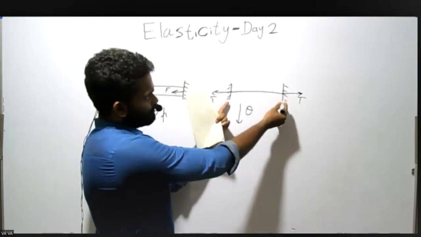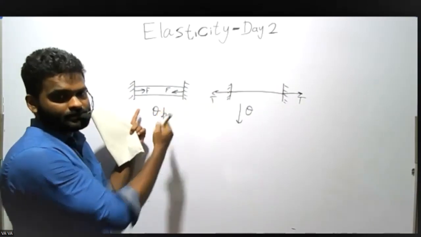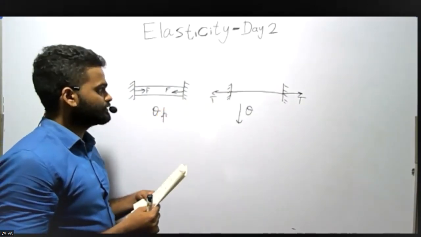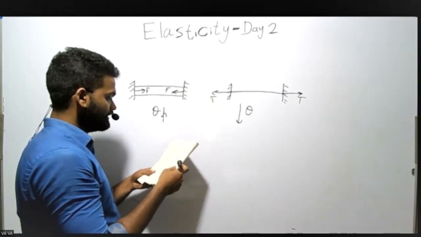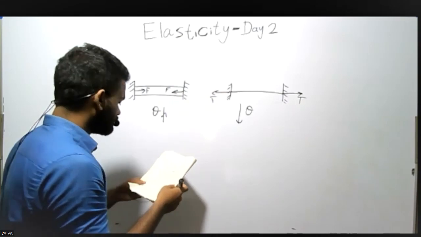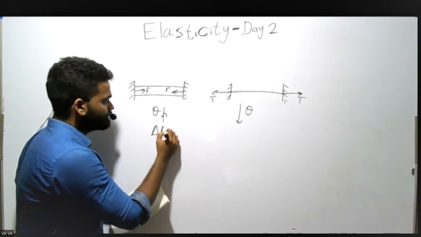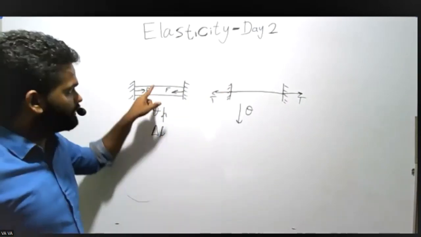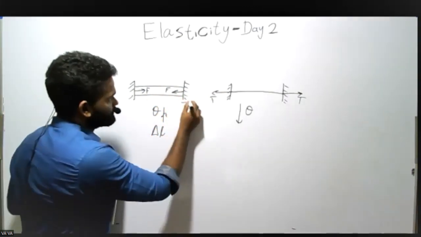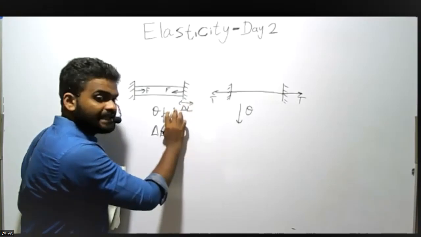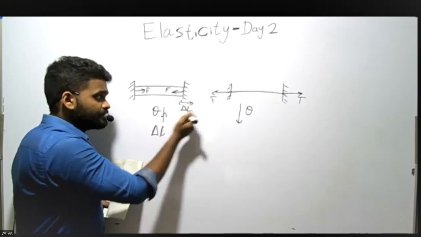Here the wall applies tensile forces, here it applies compressive forces. So that is what happens. Let's say that on contraction, here it tries to expand to this side by delta L, but it is prevented.